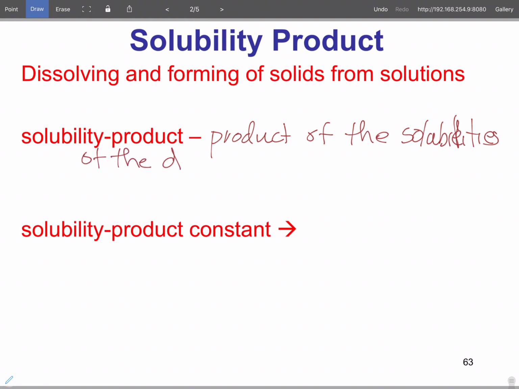Now, this is still an equilibrium. So two things apply. We have a K value, more about that in just a second, and our concentration will be in molarity. Our solubility product is a K, and it's Ksp. We talked about Ksp before, but now we're going to apply it.